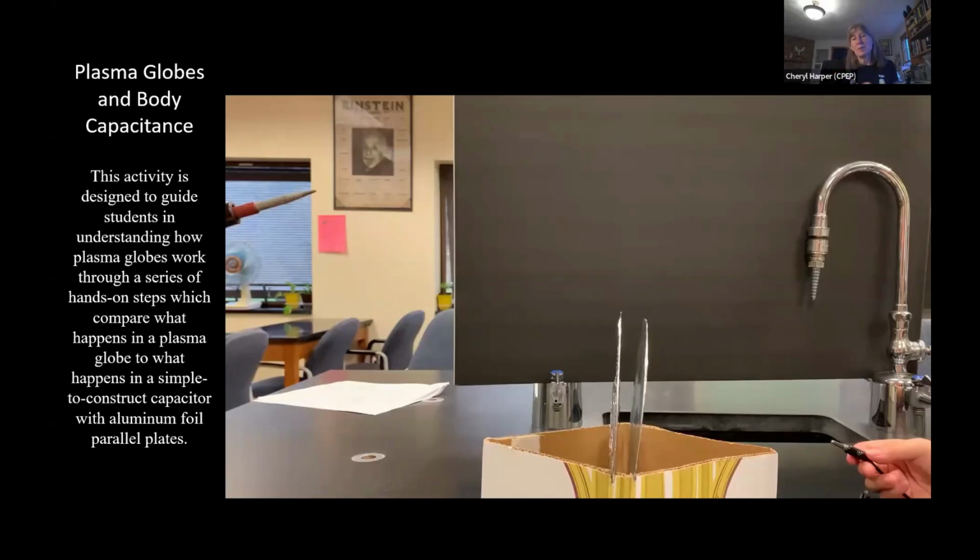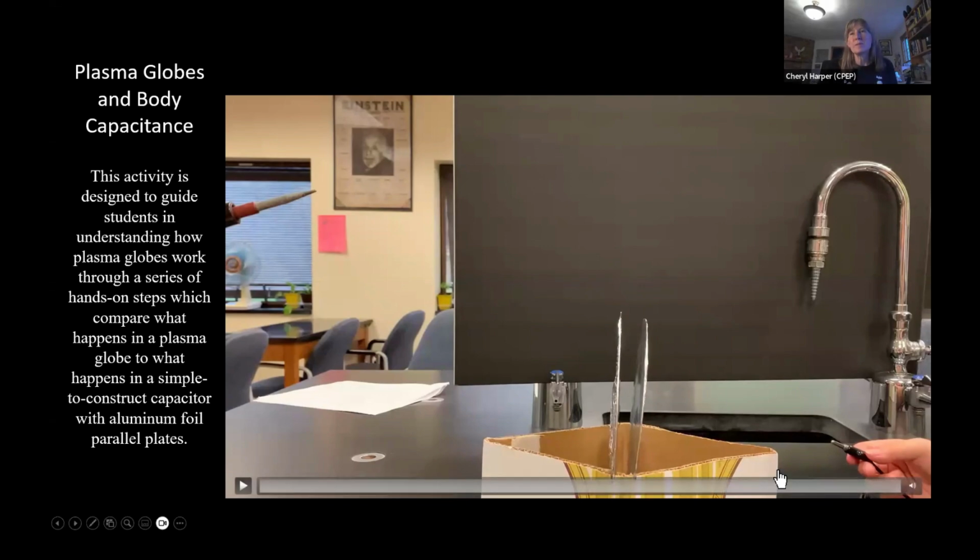With the glass portion on the outside, the charges aren't going through the glass, but the charges that are interior to the plasma globe are actually pushing charges away on the exterior. And so very similar to one side of a capacitor, then the dielectric, and then the other side of the capacitor. And this is a very simple capacitor.